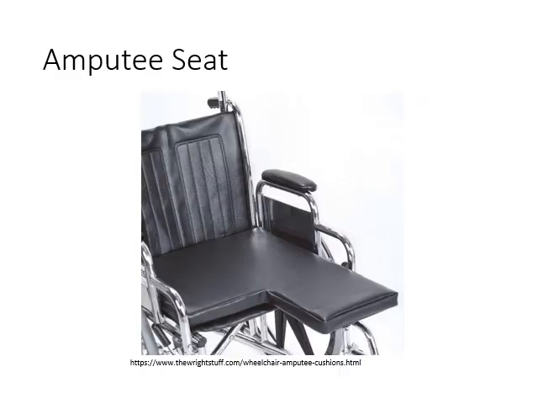I promised you a picture of an amputee seat, and here it is. You can see it has an L shape, and the purpose of this seat, in this particular picture, the left leg is going to remain in extension. So the idea is to keep the knee extended. If the person has had a below knee amputation, for example, just below the knee, the tendency is for those hamstrings to contract and for the knee to flex.